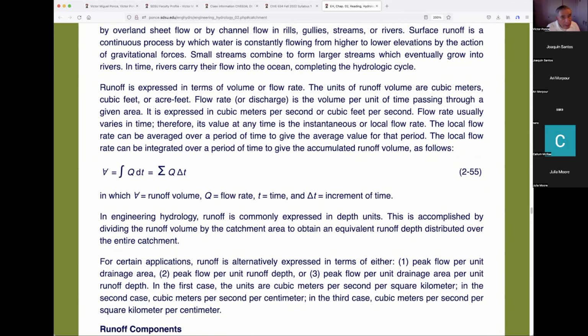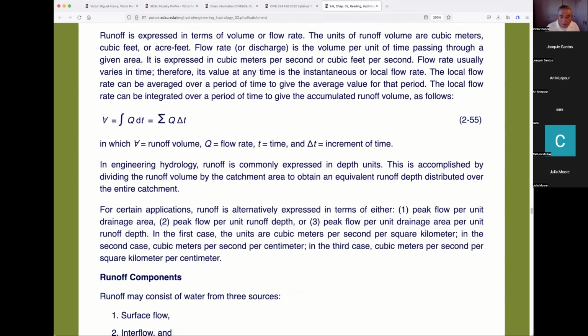So there are various units that we could use to describe runoff. Runoff is typically expressed in CFS or inches, or you can express it as peak flow per unit of drainage area in some methods, or peak flow per unit of runoff depth in some other methods, or peak flow per unit of drainage area per unit runoff depth, like in the TR55 method, which we're not going to cover in this class.